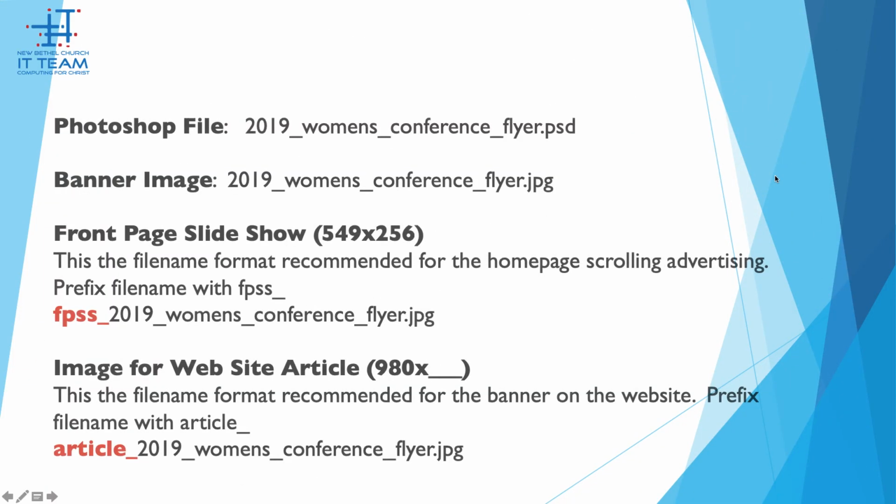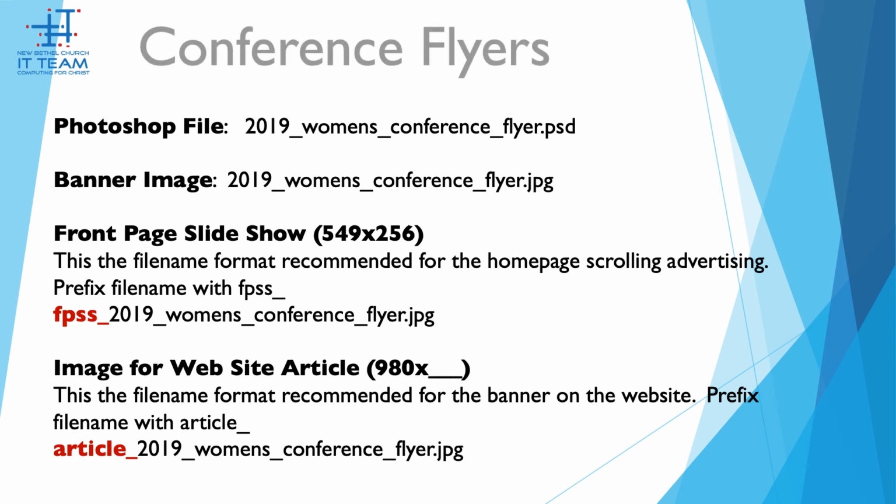So for file names for conference flyers, I recommend something like this, and I'm using the women's conference, but these are all the events that you have. I normally start out with the Photoshop file name, name it as the year, and then whatever the event name is, and maybe append the word flyer, and save it as a Photoshop extension.